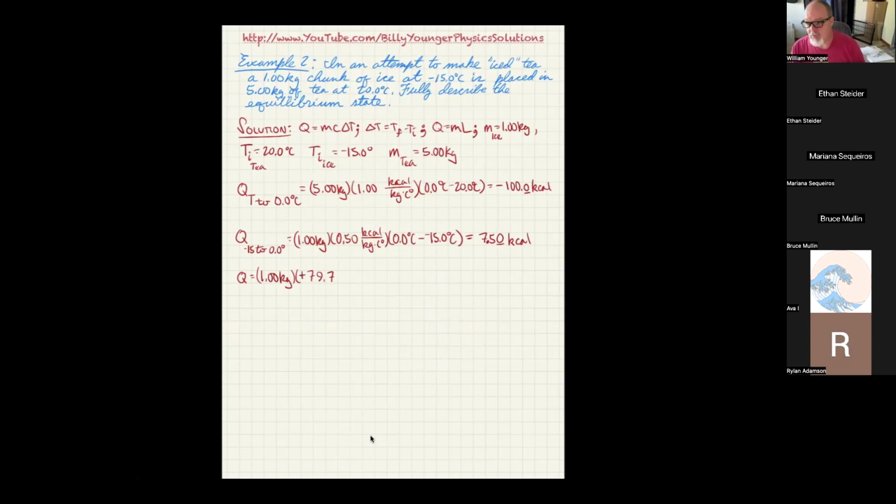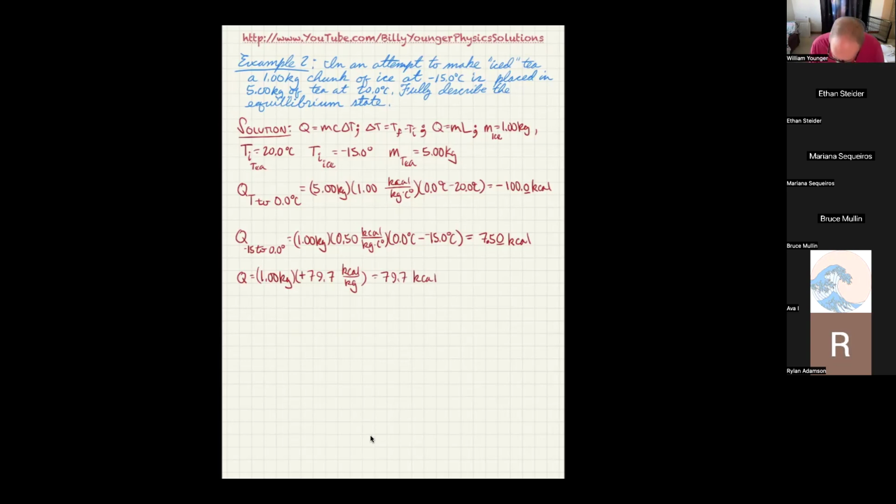And you can see this is where the problem comes in. Since I'm talking about melting ice, I'm going to have to add heat to it, and that's kilocalories per kilogram. And obviously, this gives me 79.7 kilocalories.